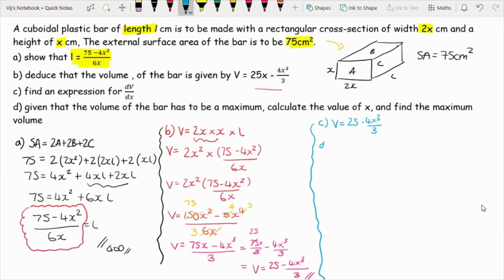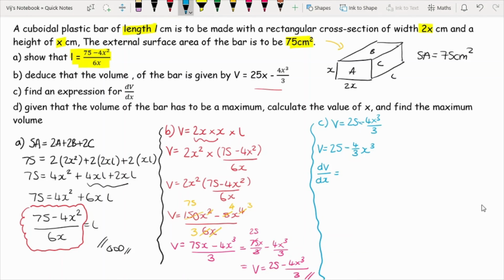So from this we can then get dV. Well, before we do that, as we've got a fraction, let's write this as a single line. So I can rewrite the formula for V as 25x minus 4/3 x cubed. Then dV over dx, because our formula is V in terms of x, is simply going to be 25.